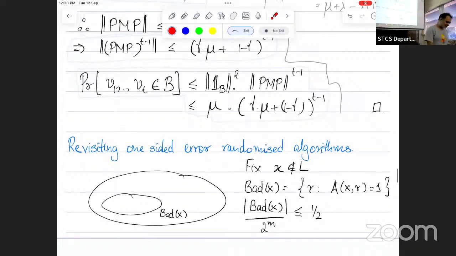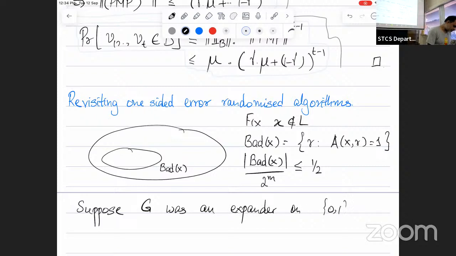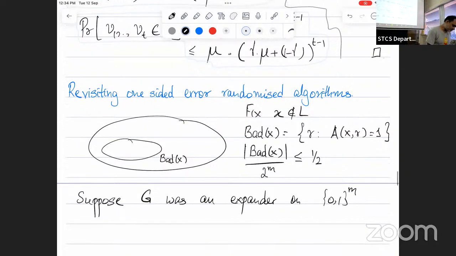Now, there is an obvious thing that we can try. Suppose G was an expander on {0,1}^n, with the degree of this expander being, let's say, a constant.